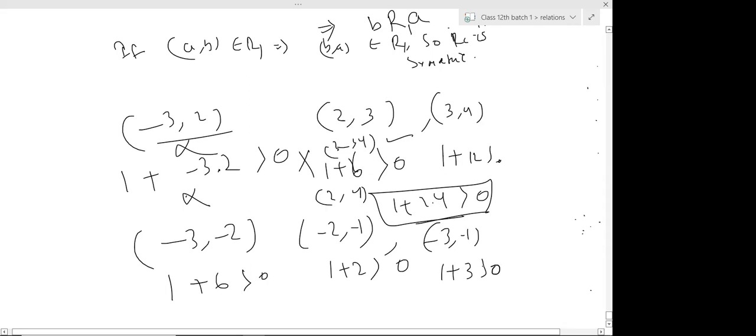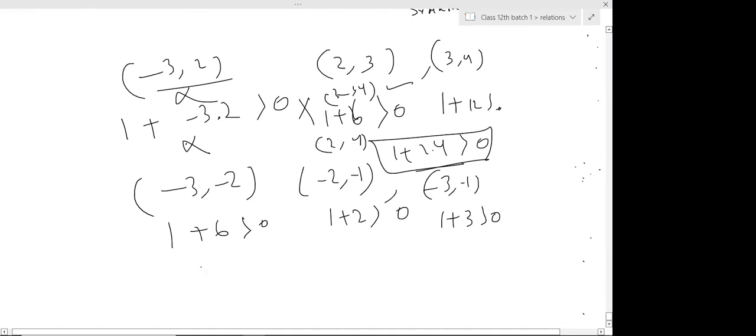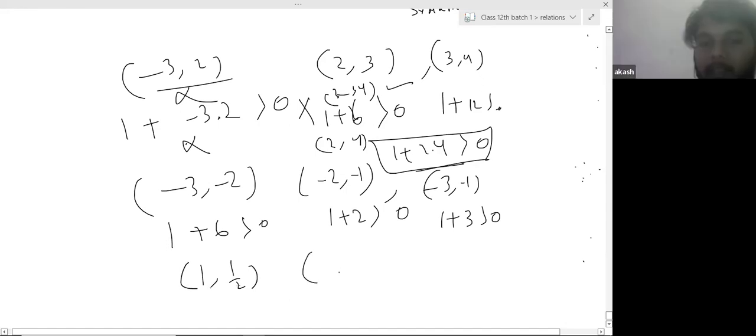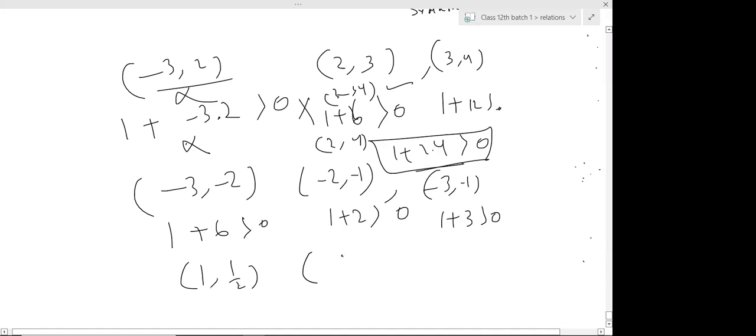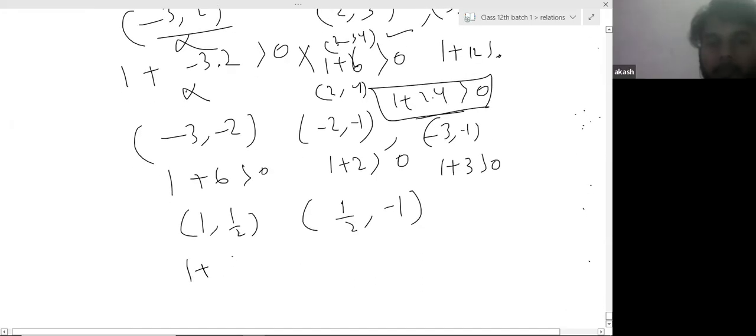Sir, I tried with 1/2 and -1. Wait. Tell me again. 1, 1/2. And the other element is 1/2 and -1. All right, let's see. So 1 plus 1 times 1/2 is greater than 0.